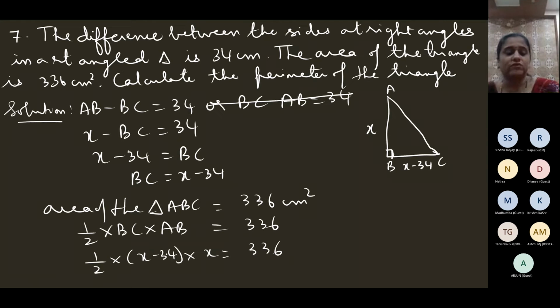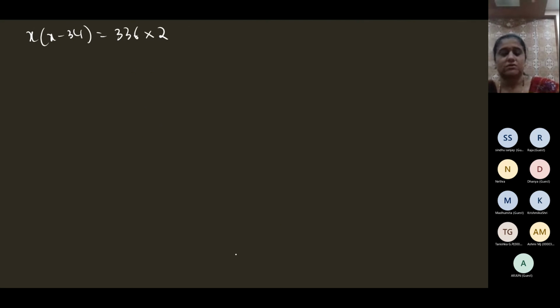X into X minus 34. When you cross multiply, you'll get 336 into 2. X into X minus 34 is equal to 336 into 2.